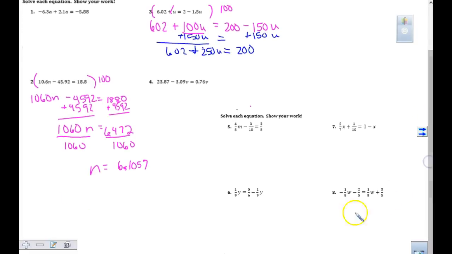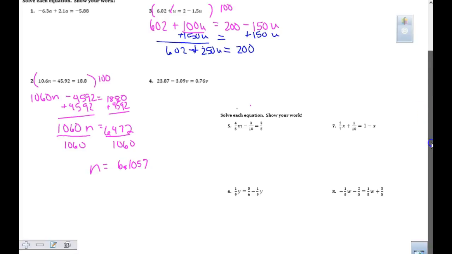And then the fractional ones, and we want to look at number 8 on the back. So as we look at number 8, what do I want to multiply everything by, Sophie, so that I do not have a fraction? I'm going to multiply by 40.